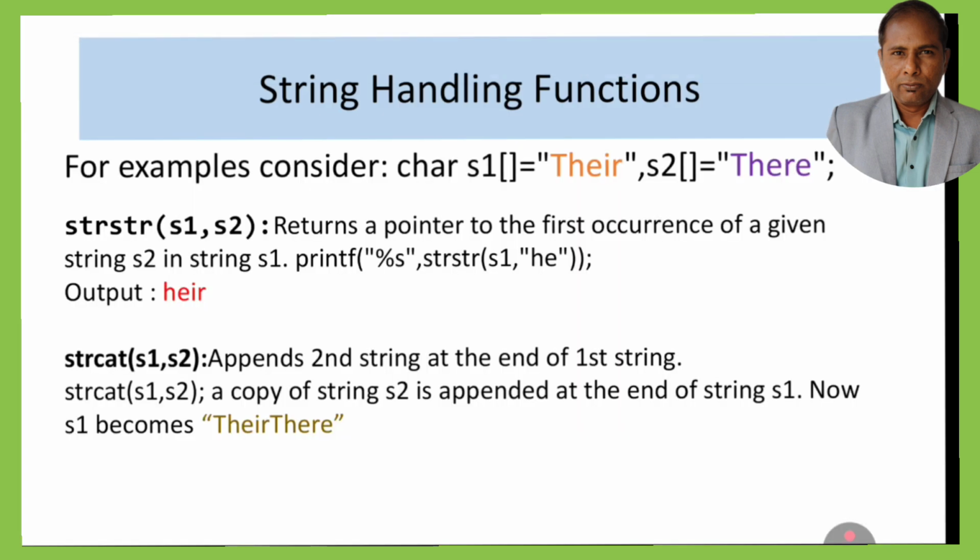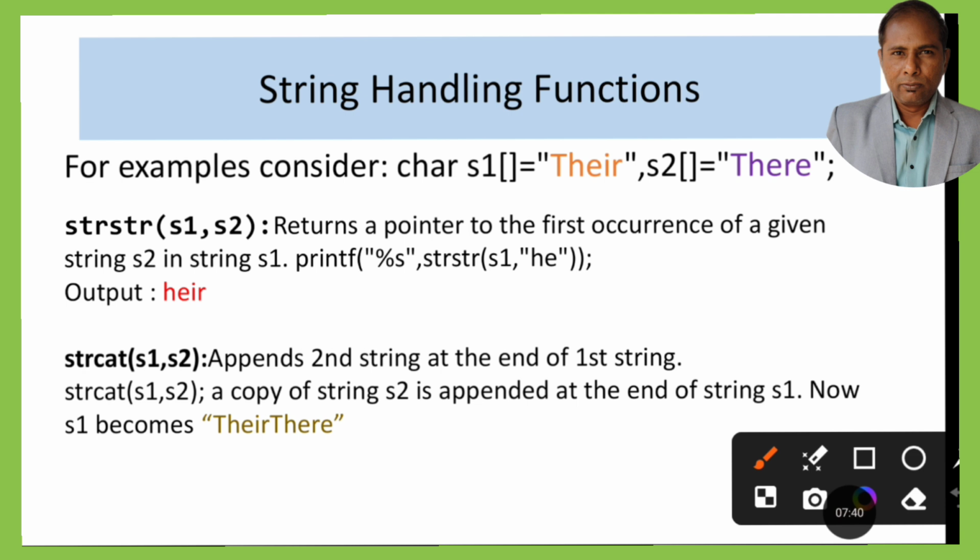Now, let us discuss the other functions of the string. One function is strstr. strstr returns a pointer to the first occurrence of the given string. For example, here s1 is THEIR and s2 is HE.